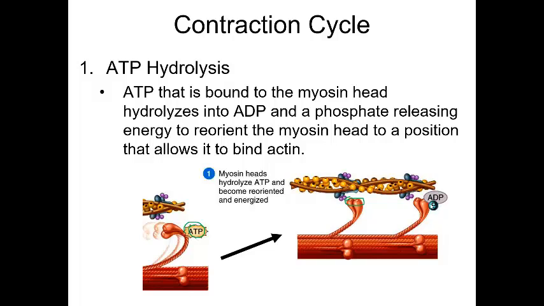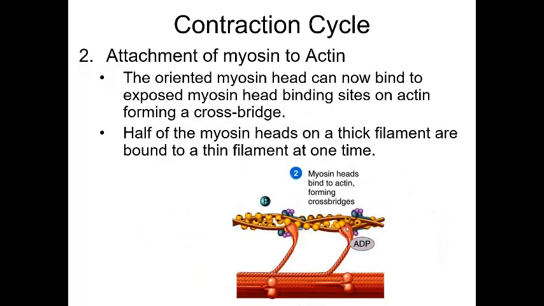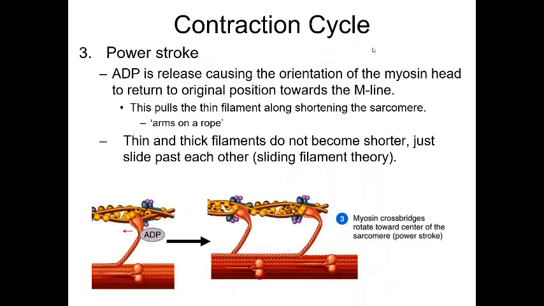They orient this way. ATP is hydrolyzed to form ADP. And these 2 golf club shaped heads have bound to the binding sites, and a cross bridge has formed. So a cross bridge has formed right here. In the next step, there is a power stroke. So you can see right here, this is going to move.